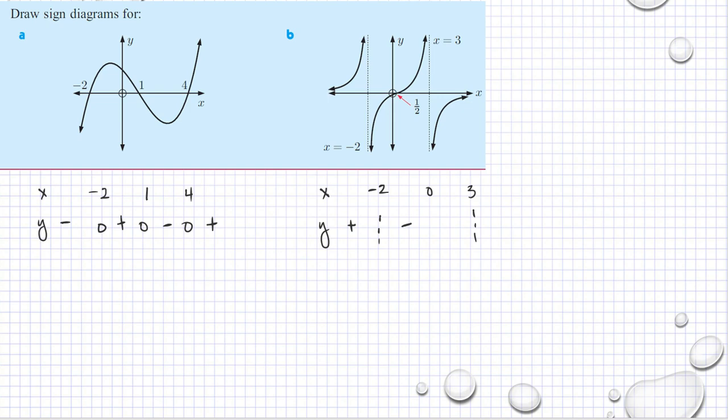Oh sorry, that's not 0, that's 1/2. I didn't see that. Sorry for that. So from 1/2 to 3, that's positive. And then we have another asymptote. I will be discussing asymptotes later when I discuss rational functions. And then after 3, that's negative. You can see here. So that's the sign diagram for these two figures.